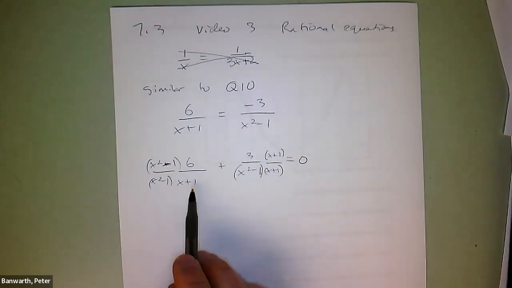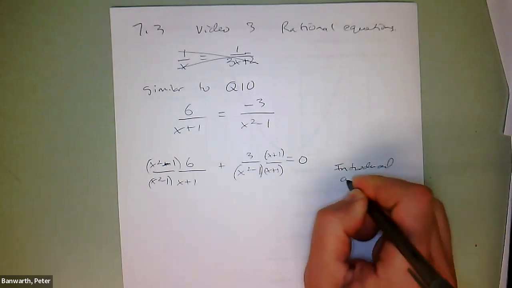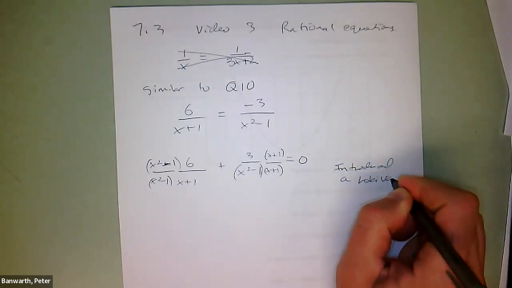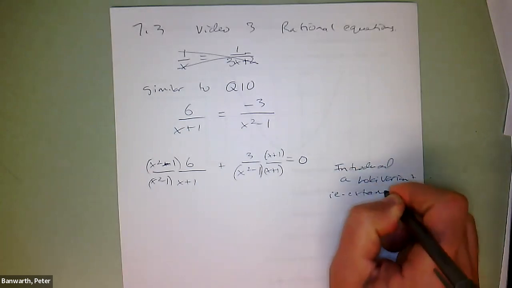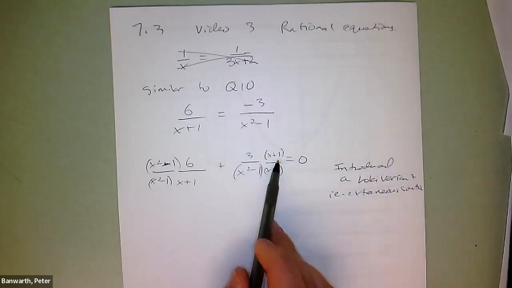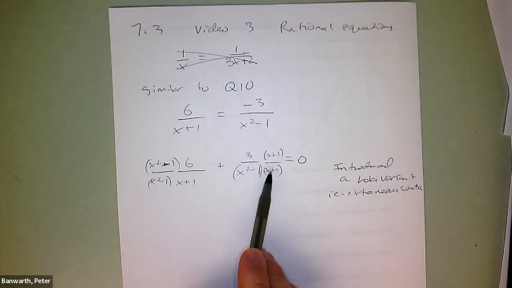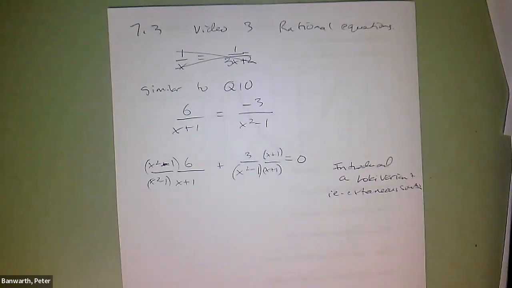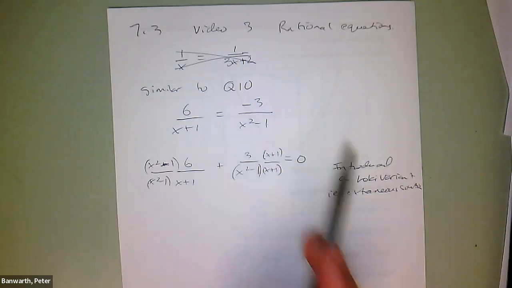And when I do that, I have introduced an extraneous solution, possibly, because now I'm multiplying by a version of 1, x plus 1 over x plus 1, but that wouldn't work if x were equal to negative 1. So I may end up with solutions that don't satisfy my original equation.